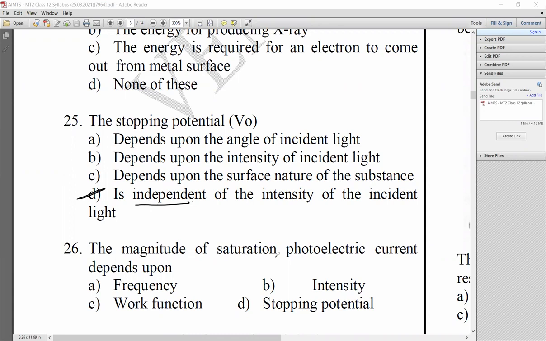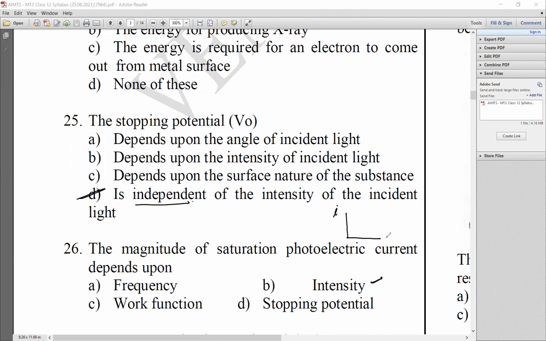26. Magnitude of saturation photoelectric current depends on intensity. Yes, it depends on intensity. Higher the intensity, higher the saturation photoelectric current. Remember this graph.